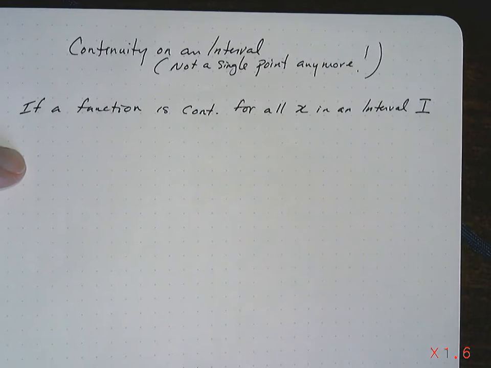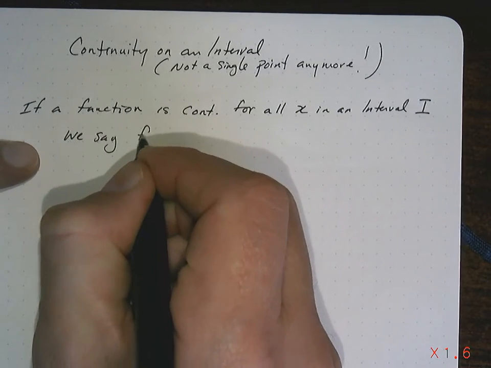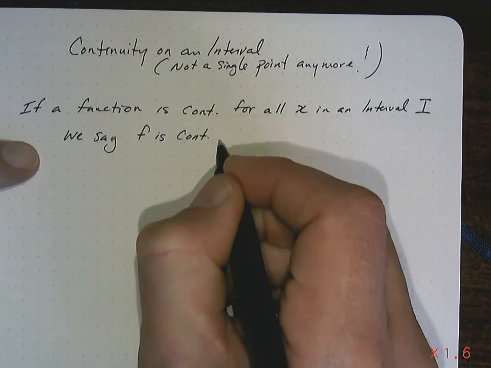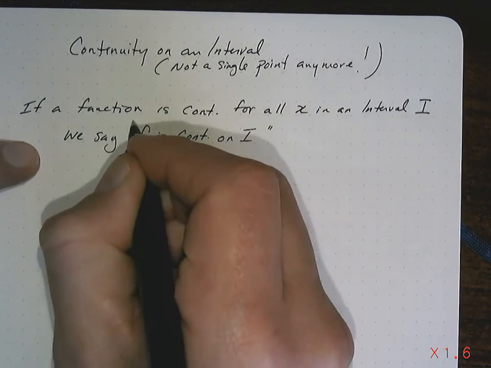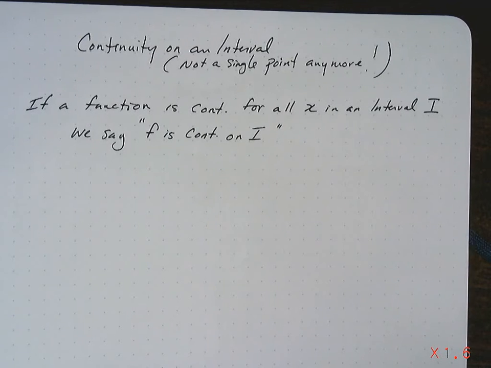That's one of the reasons why I'm having you write out these notes rather than just photocopy them and give them to you. So on an interval I, we say f of x is continuous on the interval, and we don't even say the interval. We say what the interval is. So if I know that a function is continuous on an interval I, what we say is that f is continuous on I. It makes it kind of simple.